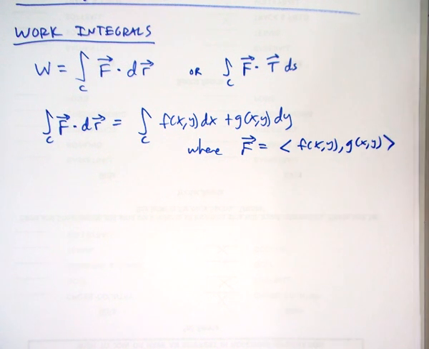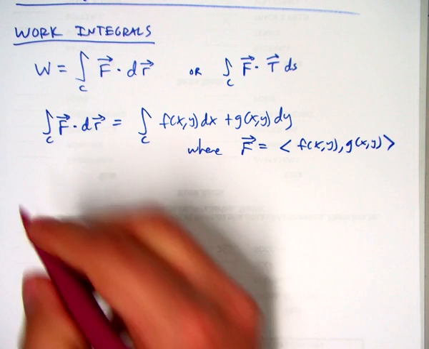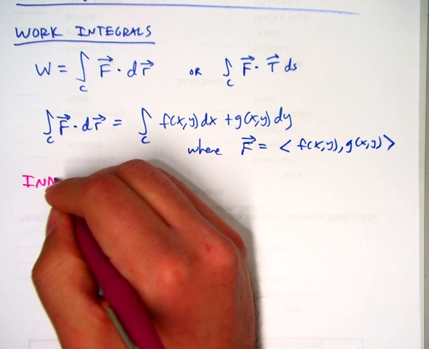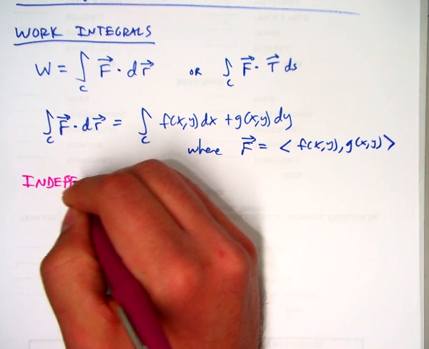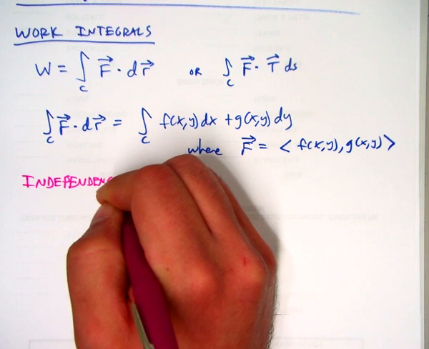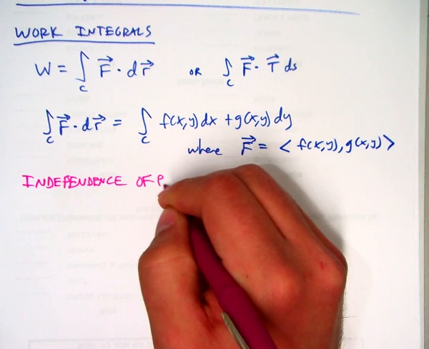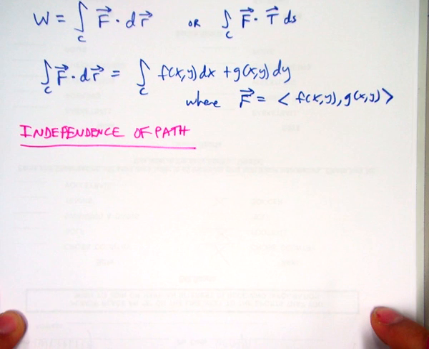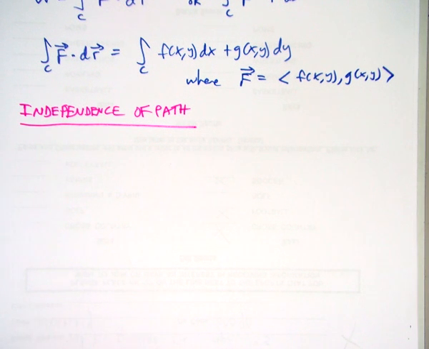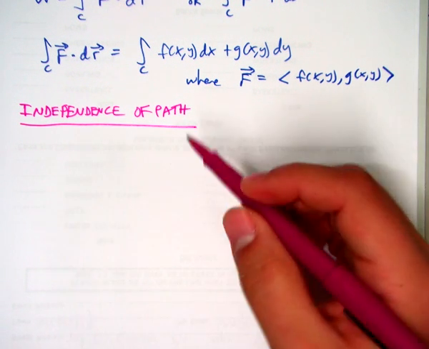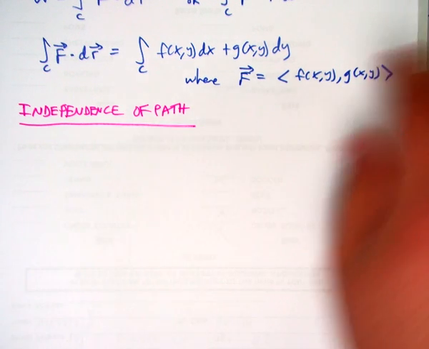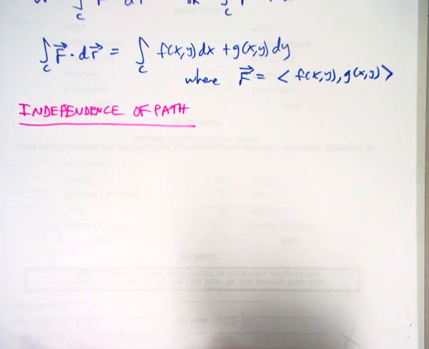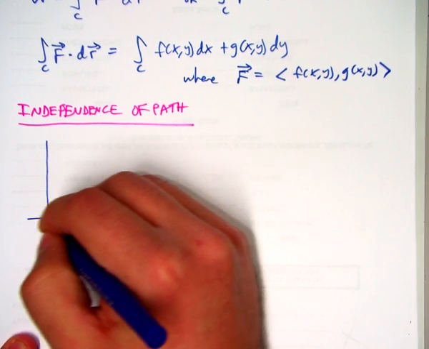Now, what we're going to focus on today first is independence of path. The idea here is we're interested in, let's say we have a vector field.